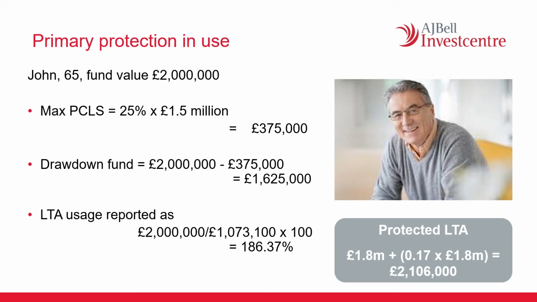So we would report that on 186%, with 37% of his lifetime allowance being used, which is, I say, slightly confusing, because he actually hasn't used 100% of his lifetime allowance. He's got a £2 million fund, he's got a lifetime allowance of 2.106. So he's actually got £106,000 of headroom. So he could make further contributions, and he wouldn't be able to have any more PCLS, but he would be able to take further benefits as drawdown if he wanted to.